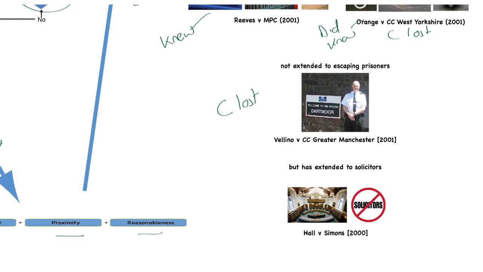However, it has been extended to solicitors. And this is one of several co-joined cases on similar issues where the claimants had done less well in court than they would have, but for the negligence of their legal advisors. In effect, their legal advisors did not do what they should have done.